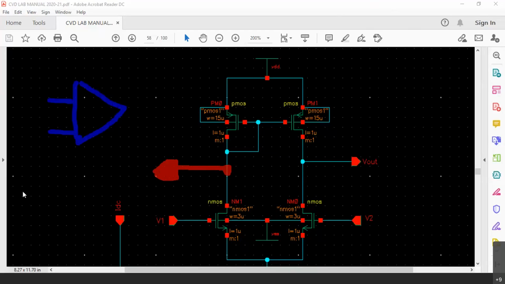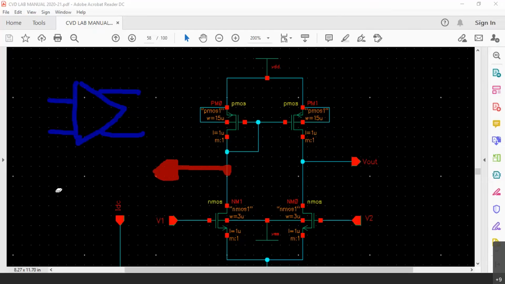Earlier we took the output here. I am purposefully writing a different color. Now let me write like this, and let me remove this one.